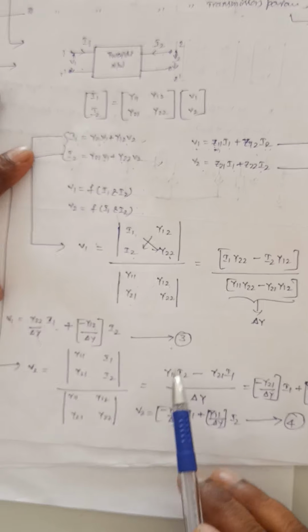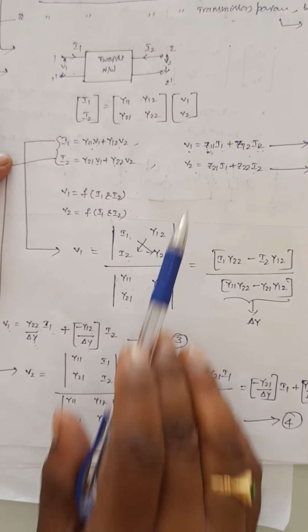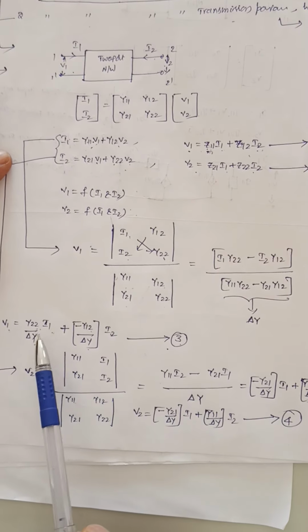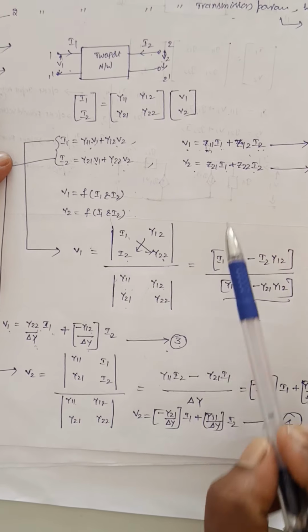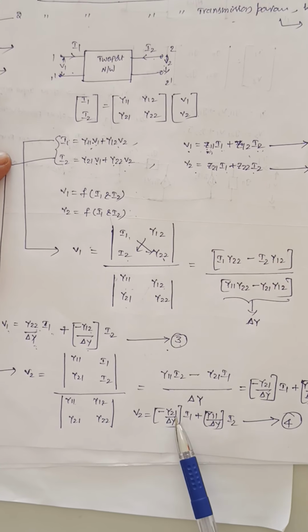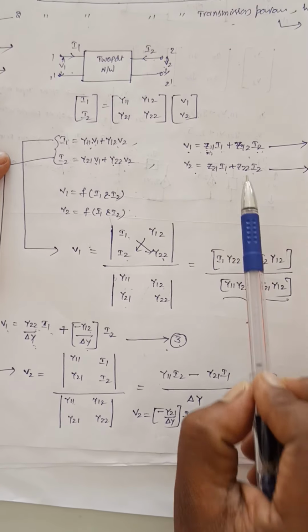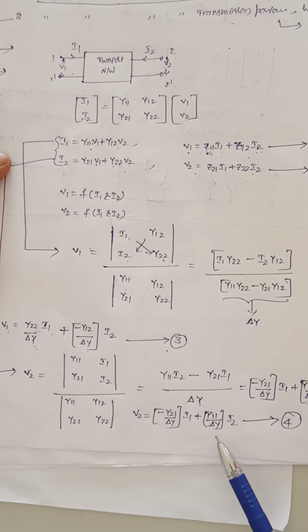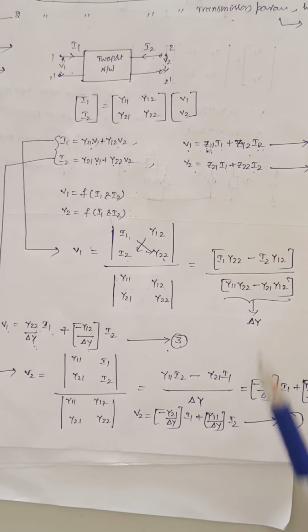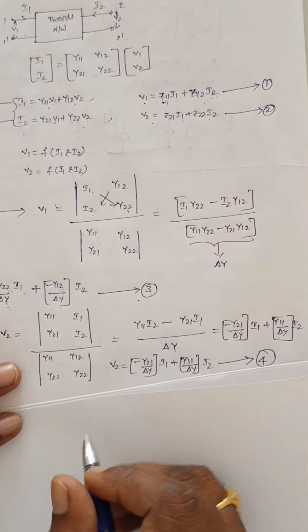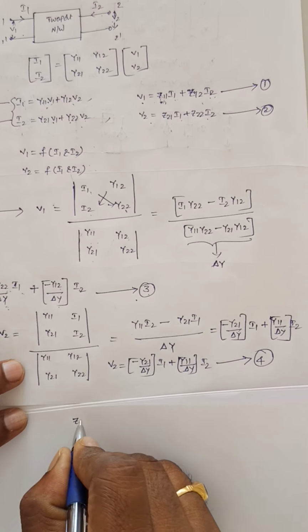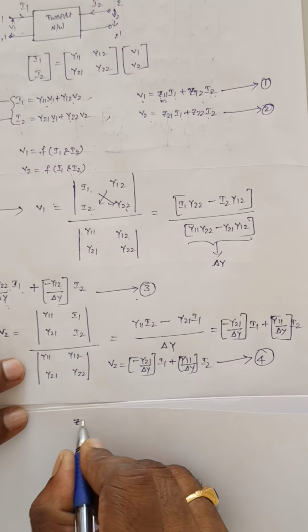So by comparing equations number 1, 2 and equation number 3 and 4, z11 is equal to y22 divided by delta y, z21 is equal to minus y21 divided by delta y, z22 is equal to y11 divided by delta y, right?